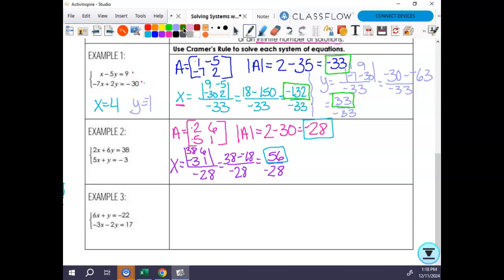Okay, so when I actually divide then, what does x equal? Negative 2. Okay. Then we're going to find y. See if you can set up what you need to take the determinant of in the numerator without me.